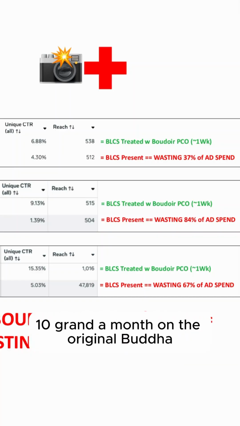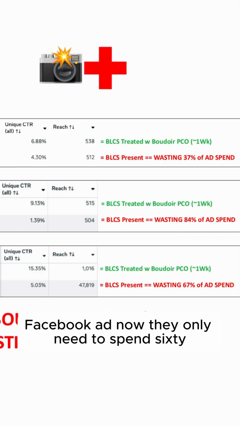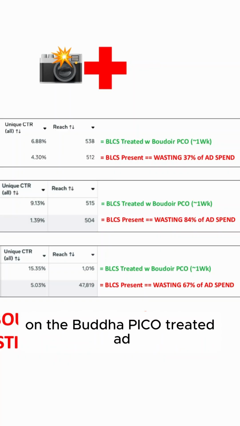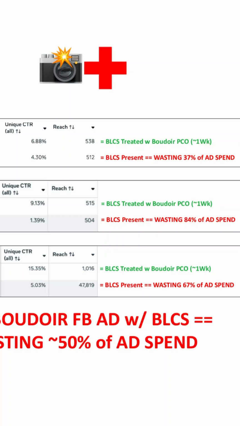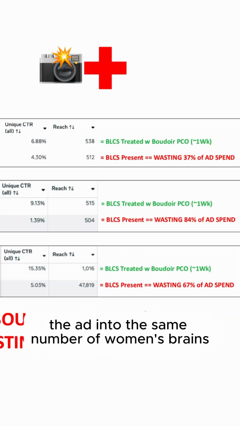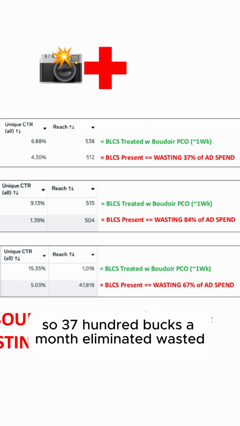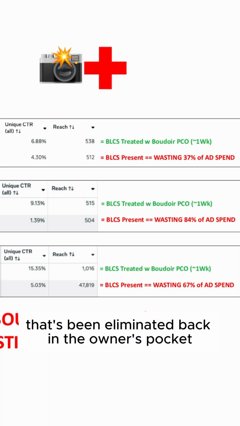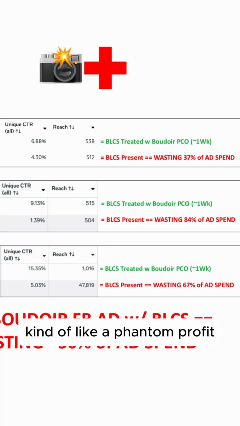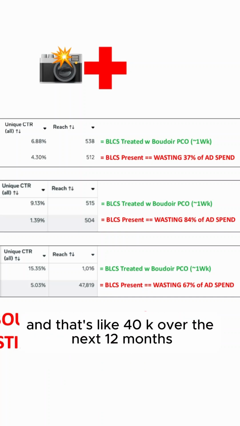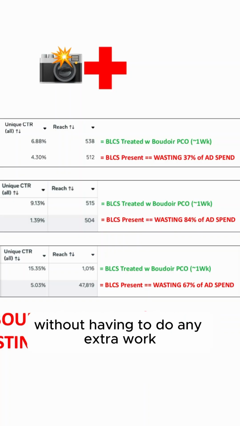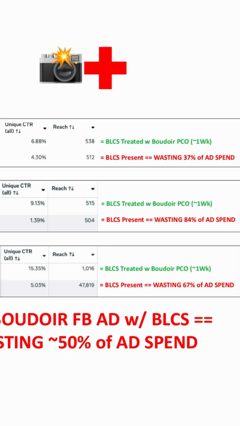If they're spending 10 grand a month on the original ad, now they only need to spend 6,300 bucks a month on the Boudoir PICO treated ad to get the ad into the same number of women's brains in both scenarios. So 3,700 bucks a month of wasted ad spend eliminated, back in the owner's pocket. They no longer have to spend it, kind of like a phantom profit. That's like 40K over the next 12 months without having to do any extra work.